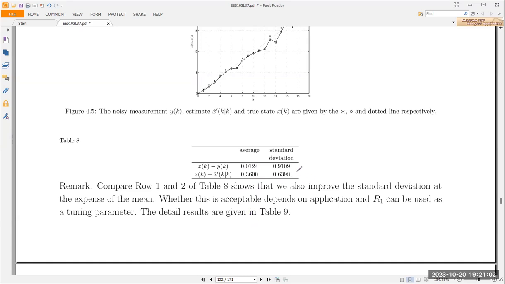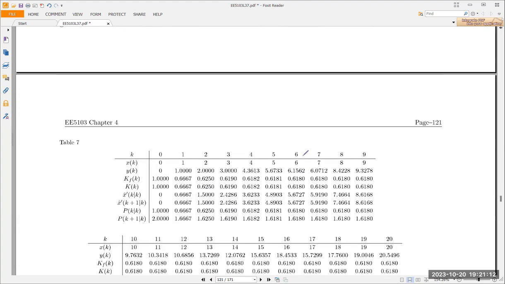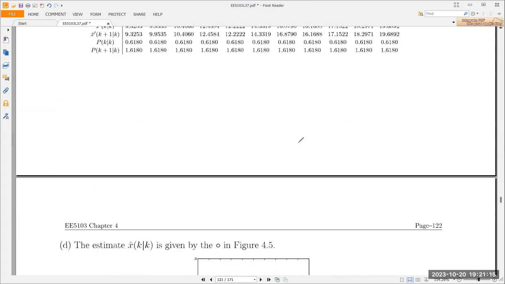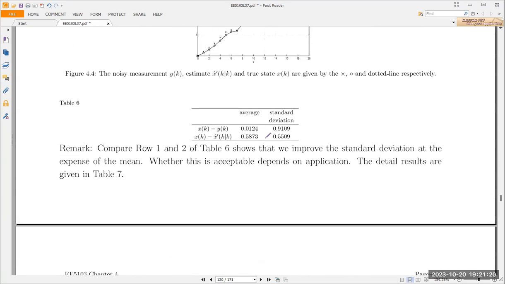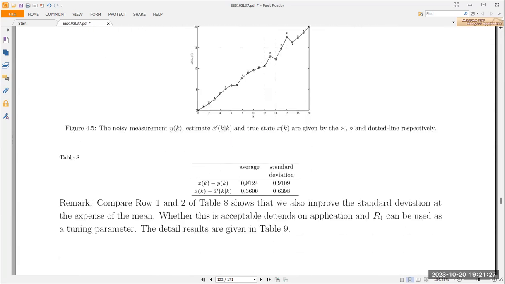The standard deviation is 0.63. So the standard deviation has gone up from 0.5 to 0.6, but the mean has improved from 0.5 to 0.3. So you can use R1 as what we call a tuning parameter. See which performance you prefer.